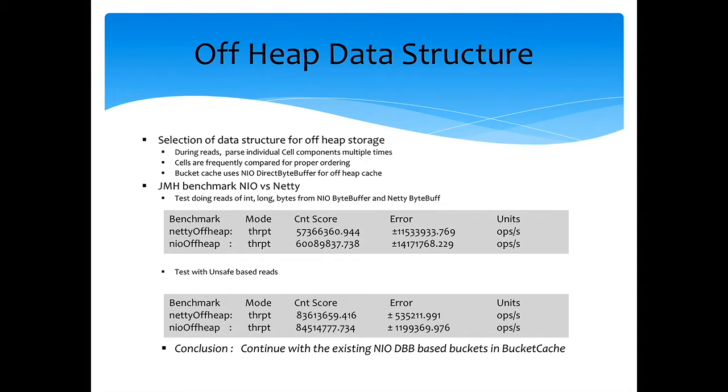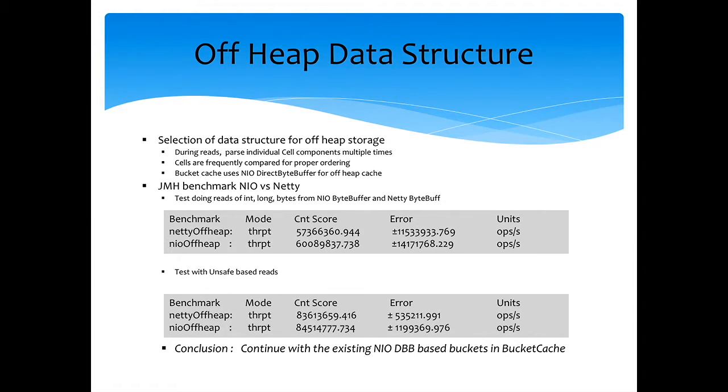As we know, in HBase read there are a lot of compare operations. We have to order the cells properly. So there will be a lot of row compare, family compare, a lot of compare operations. So the selection of a data structure is very important: how fast is the read from that particular data structure.